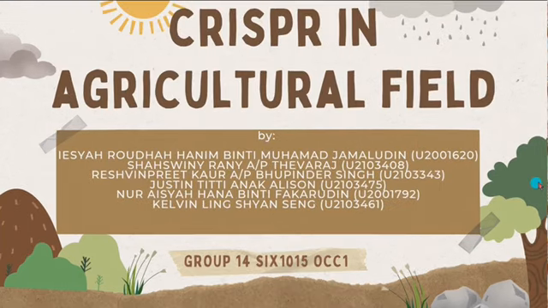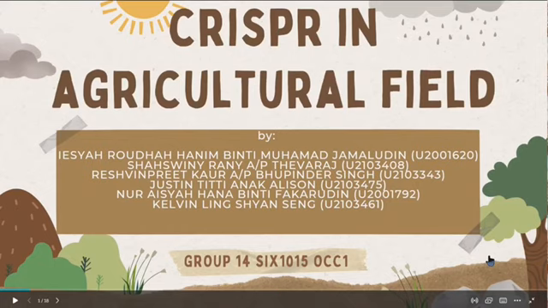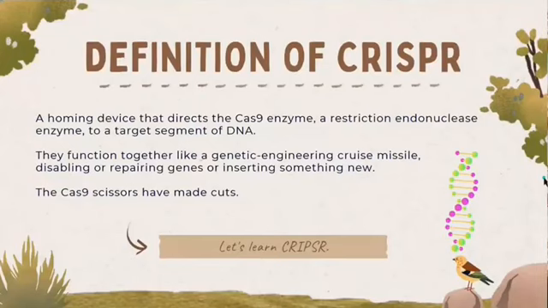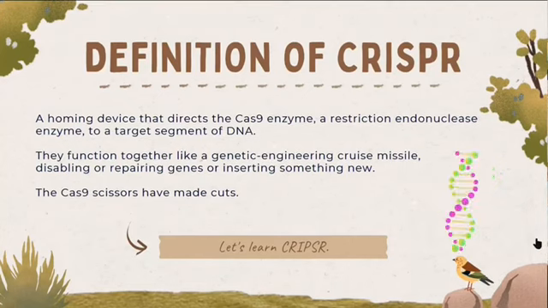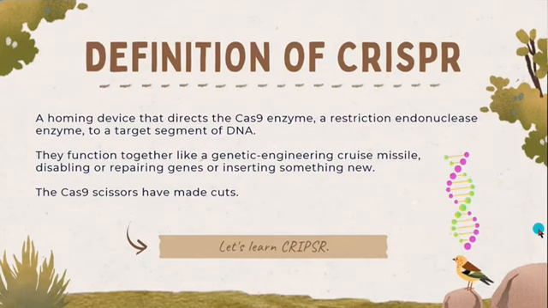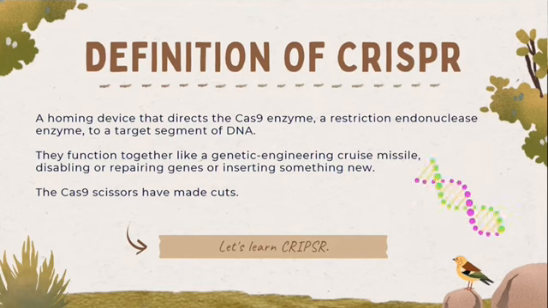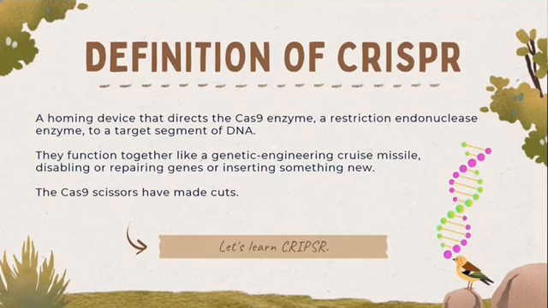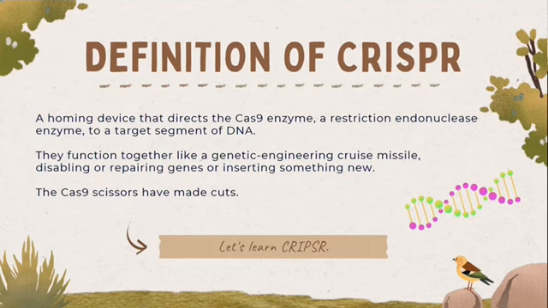Okay, so next we'll move on to the definition of CRISPR. In its original form, CRISPR or Cas9 is a homing device, which is a CRISPR component that directs the Cas9 enzyme, a restriction endonuclease enzyme, to a target segment of DNA. They function together like a genetic engineering cruise missile, disabling or repairing genes or inserting something new where the Cas9 scissors have made cuts.